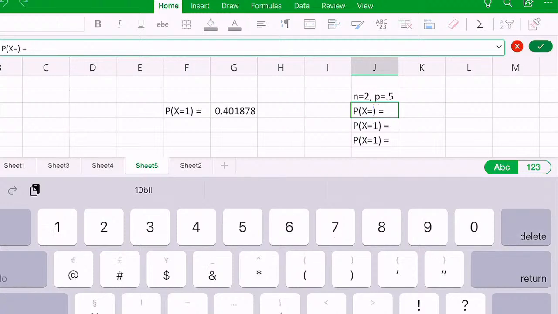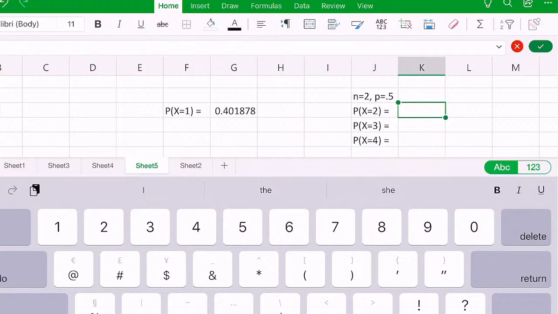We calculated for 2, 3, and 4. Remember, I'm using an iPad on Excel, so if there's anything really different on yours and you're confused, let me know, but it should be similar, same even. Just the appearance looks different because you can see my keyboard, and the menu looks different to me.